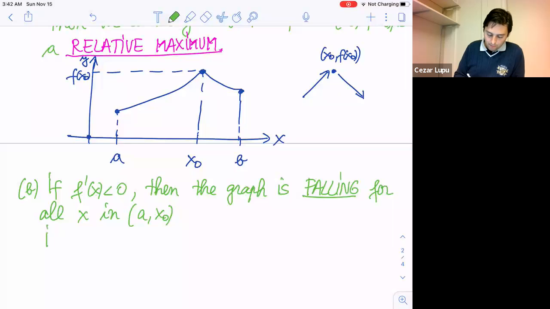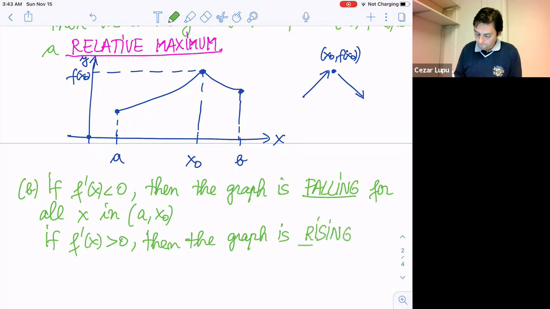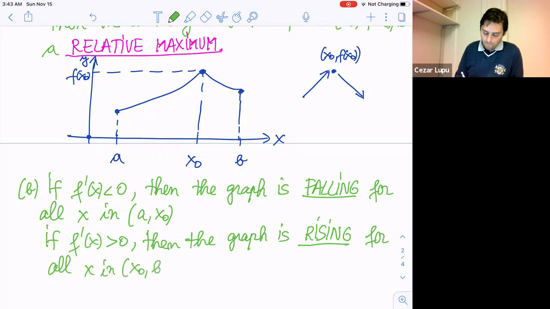And now if f prime of x in this case will be positive, then the graph is rising for all x in x naught b.